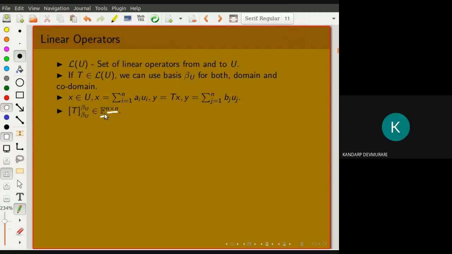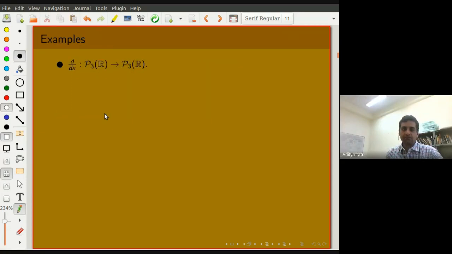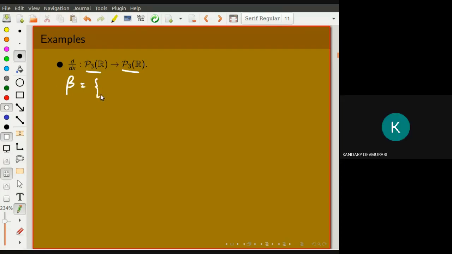Yes, sir. Okay. So let's maybe take a few examples so that you understand how to obtain matrix representations of linear transformations or operators. So I hope this notation is understood. P3R stands for polynomials with real coefficients with degree at most 3. Okay, so can someone give me a basis of P3R? 1, x, x square, x cube.